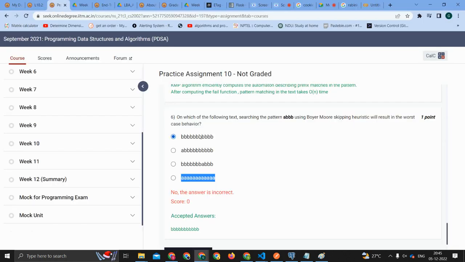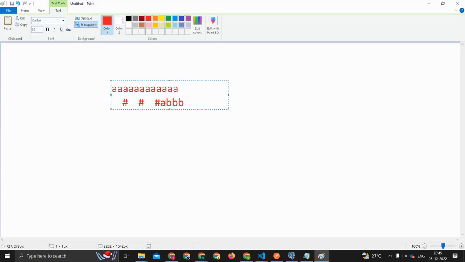Okay. So if it was completely B, now see what you have to do. B is matching, B, B, B, B, everything is matching. We just need to shift it by one position, right? Again one position, one, one, one, one, one, one.